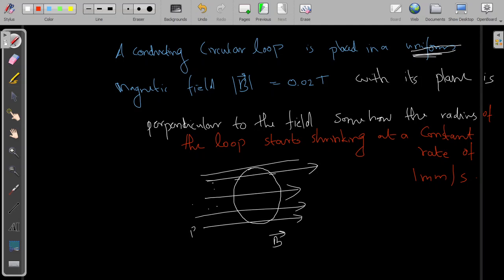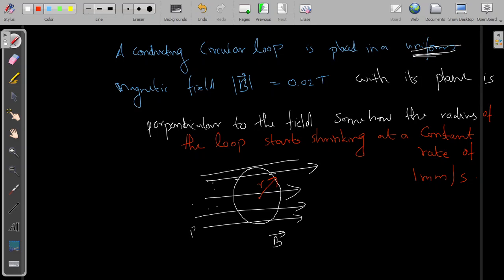That means we have the radius r of the circular loop, and the examiner said that this radius r is somehow shrinking at a constant rate of 1 millimeter per second. That means this r is reducing.